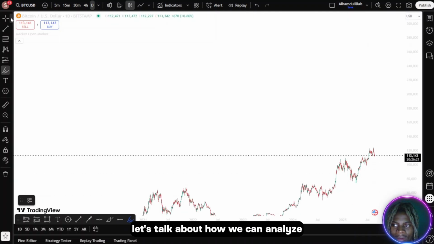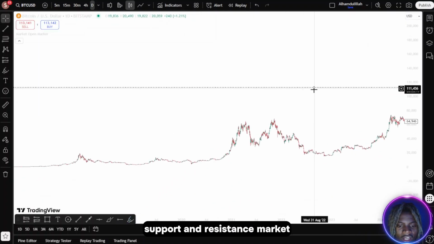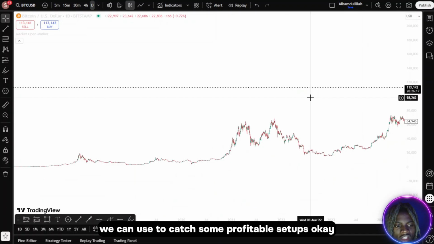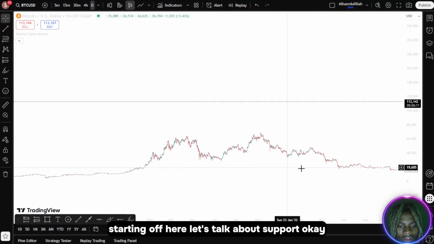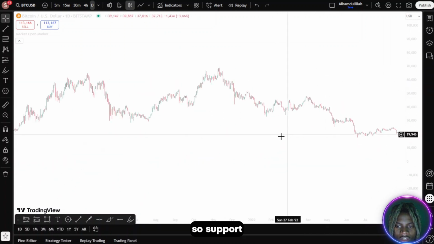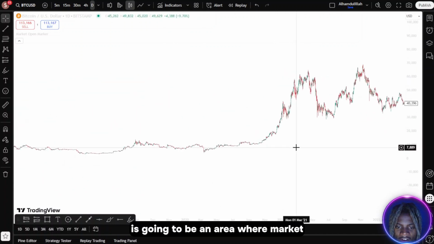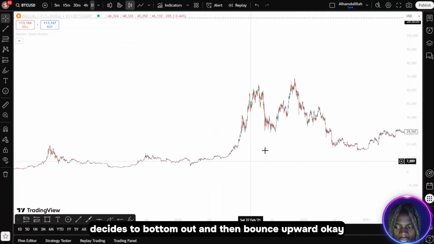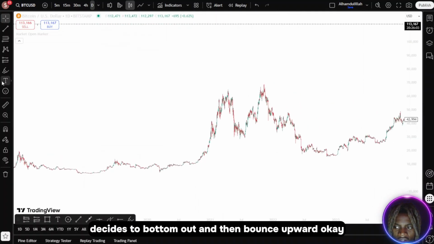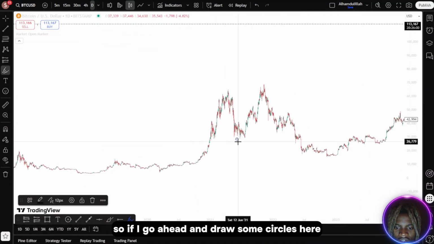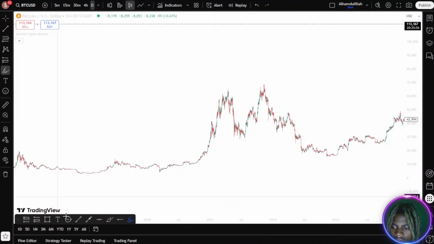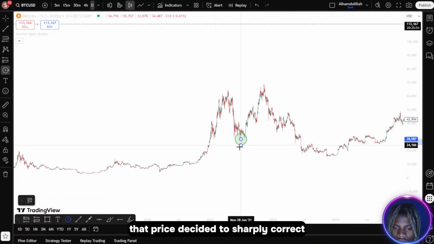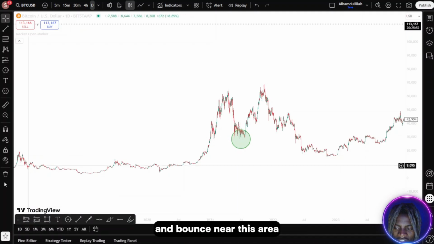Let's talk about how we can analyze support and resistance in the market, and then we'll talk about entry models we can use to catch some profitable setups. Starting off here, let's talk about support. Support is an area where a market decides to bottom out and then bounce upward. If I draw some circles here, you're going to see that price sharply corrected and bounced near this area.